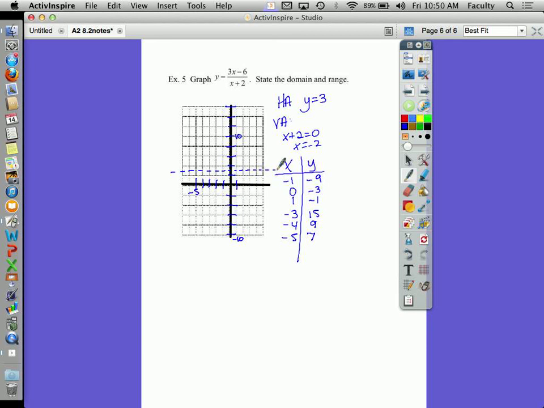I did go by 2's on my y-axis, so be careful with that.